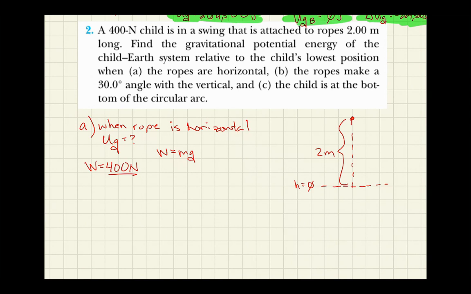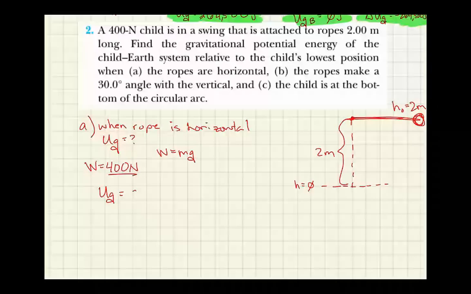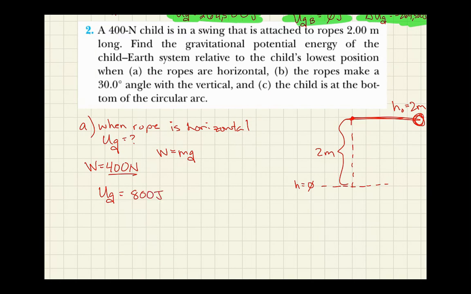So for my gravitational potential energy, all I have to do is multiply the 400 newtons by whatever the height is. When the rope is horizontal, then my height is 2 meters. So UG is 400 times 2, or 800 joules. Easy.